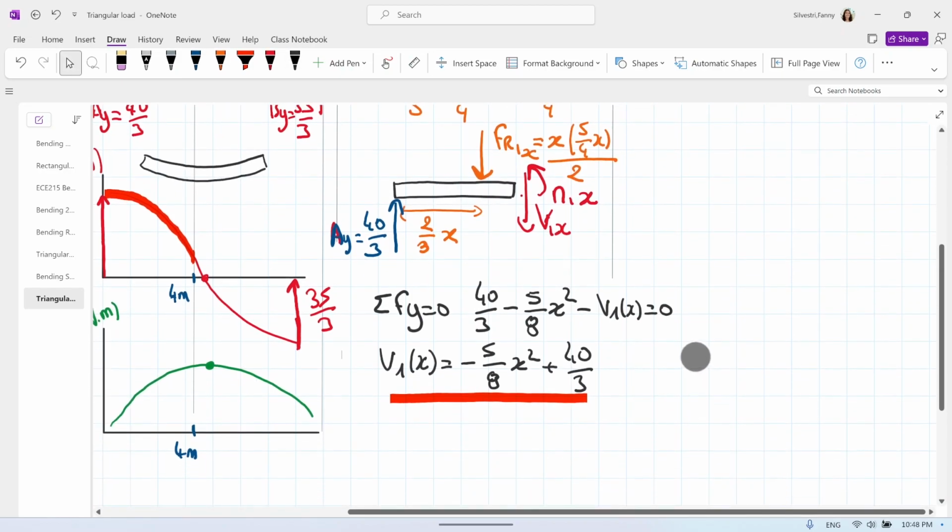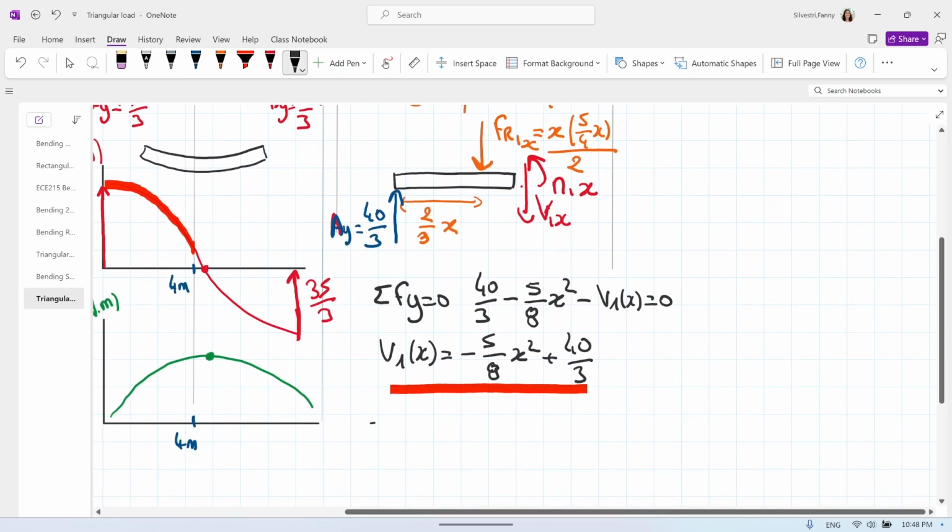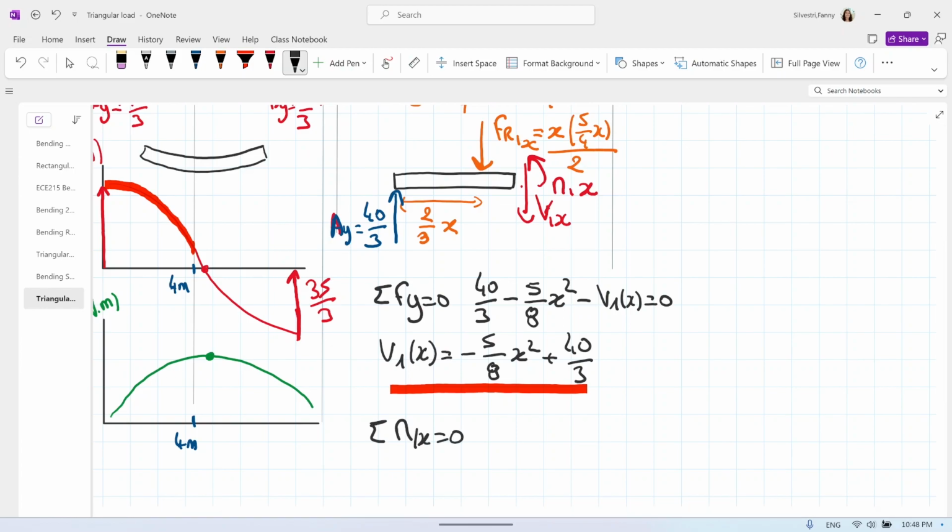Now we can use the same free-body diagram to find the moment. So sum of the moments about x equals 0 gives us, we need also that full distance. This is x. So we have minus 40/3 times the distance x, plus FR1 of x, that is 5/8 of x squared, times the distance, that is 1/3 of x.